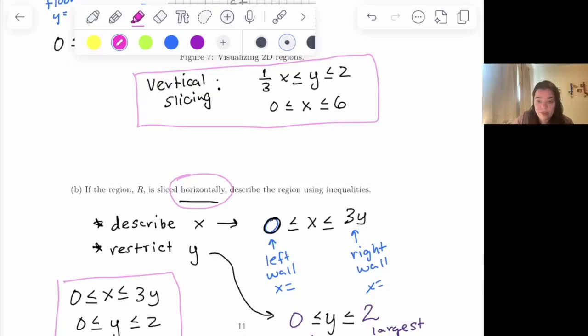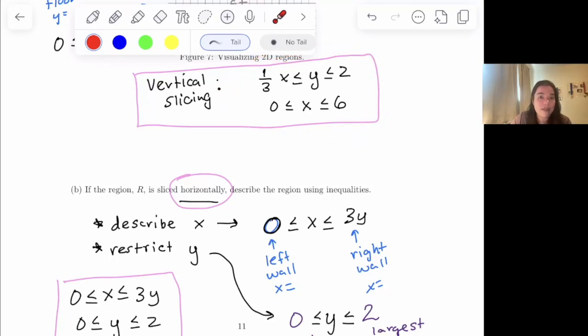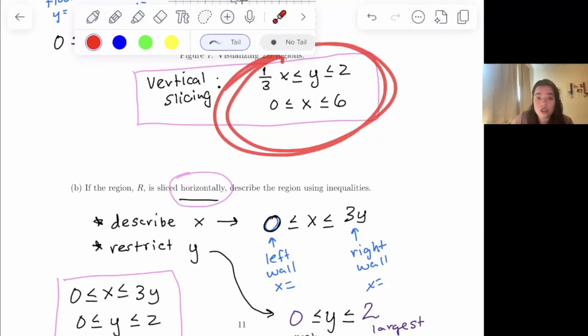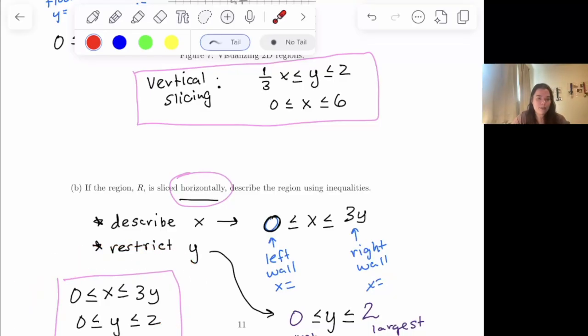Notice above, the set of inequalities from part A described the same region if you slice vertically. So do keep in mind, part A describes the same region as part B, just with a different slicing perspective.